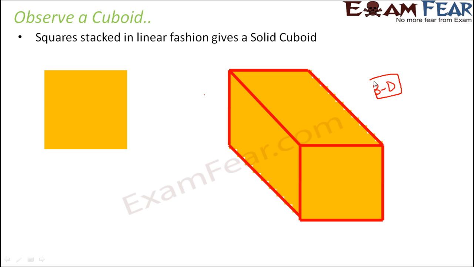This is a three-dimensional shape because now you have one side, another side, and the third side. So now you have three dimensions. Therefore this is a cuboid. How did we get this cuboid? By stacking squares. Many two-dimensional squares gave rise to a three-dimensional solid cuboid.